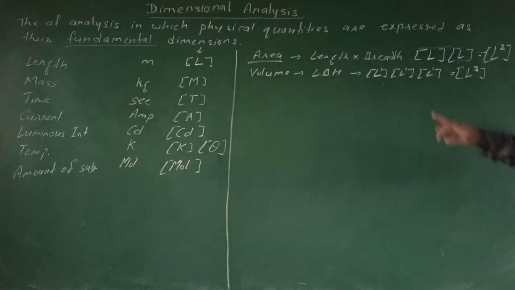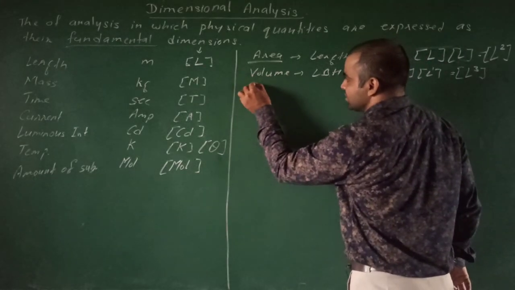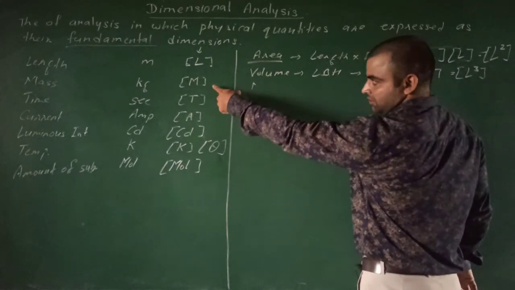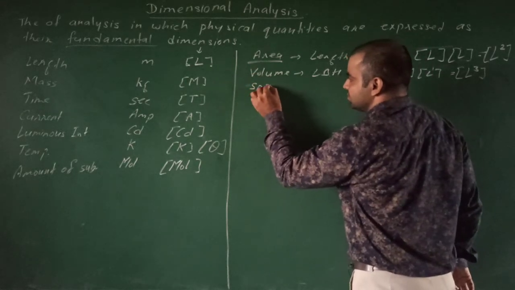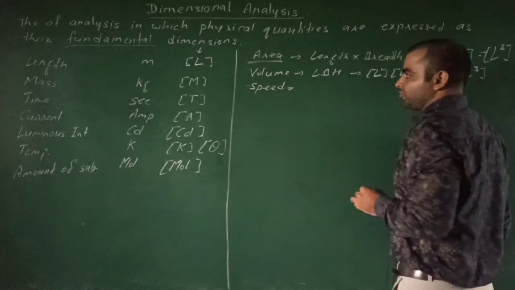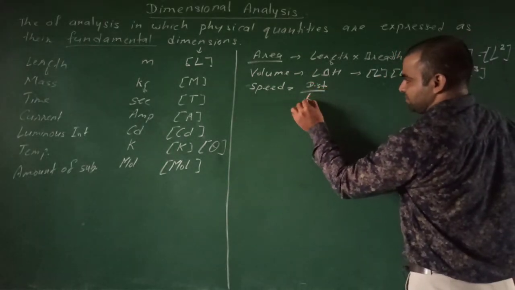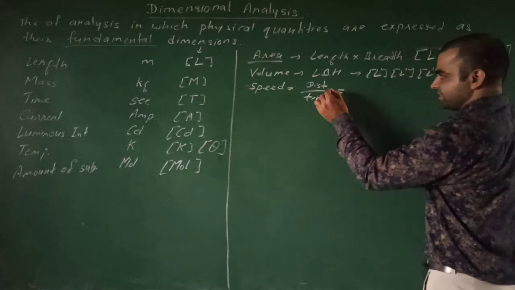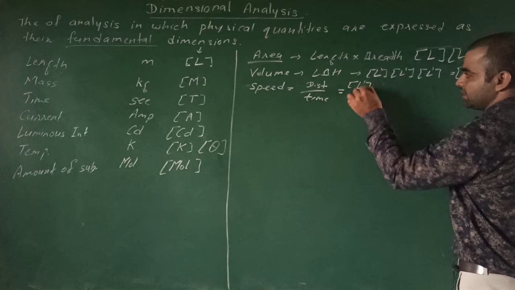Dimension of volume is L3. And for mass we have denoted this. Next, speed. Formula of speed is distance by time. Distance is also length. Dimension will be L.